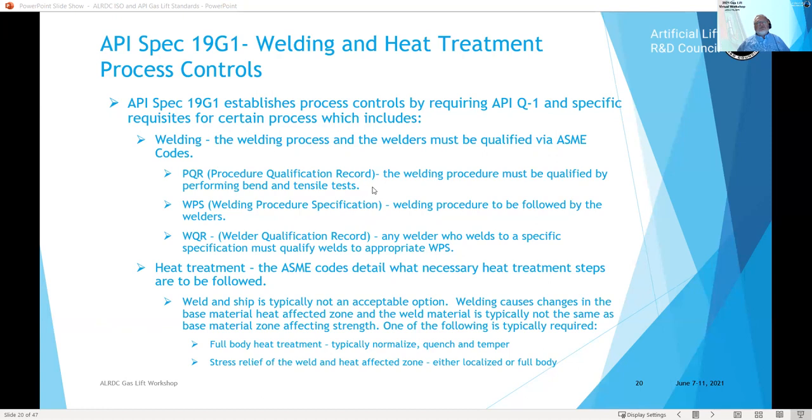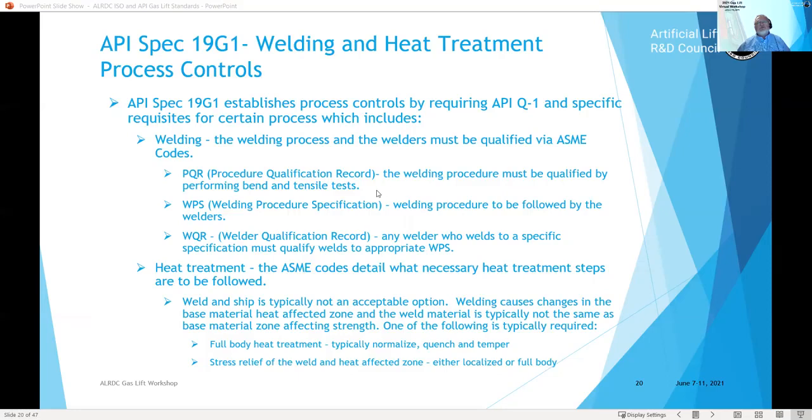When the procedure is being welded, the parameters of the welding process are being recorded: the amps, the voltages, the feed rates for the wire, the gases being utilized, the interpass temperature of the base material, and other factors that affect the quality of the weld. All of this is recorded and becomes part of the PQR.